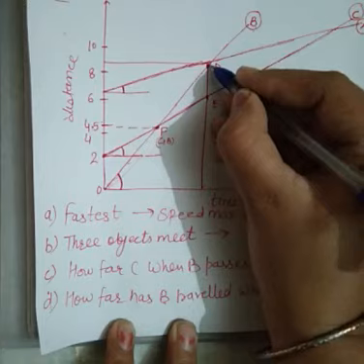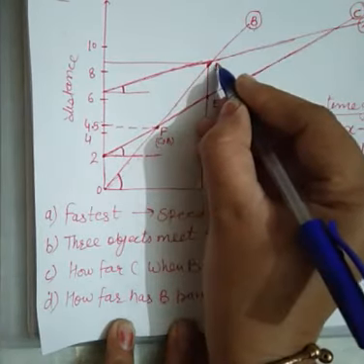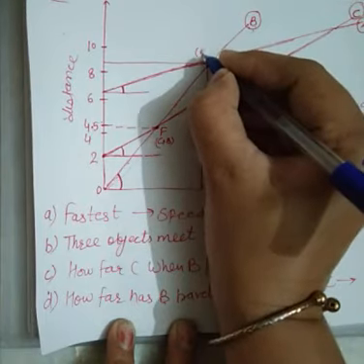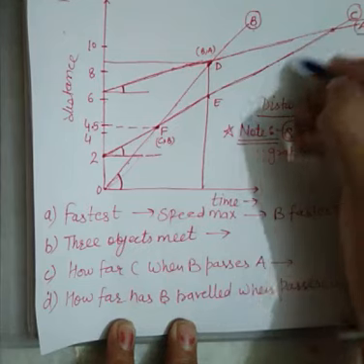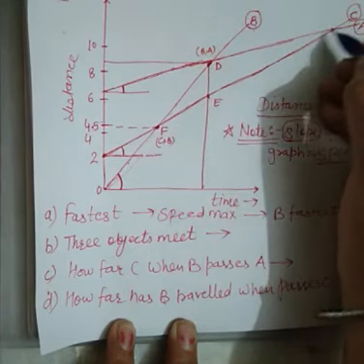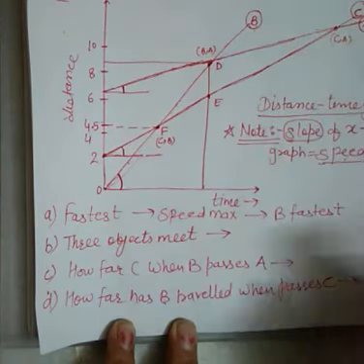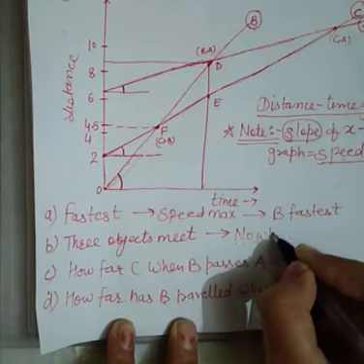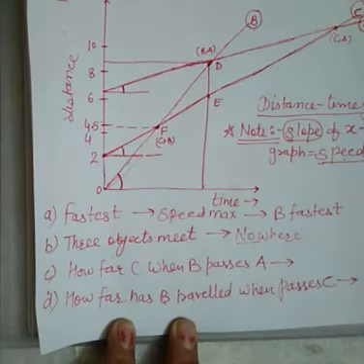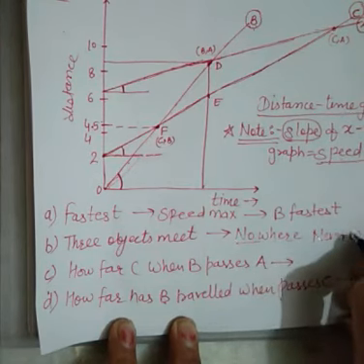And at this point, B and this one is A. B and A are intersecting here. Okay. And at this point, this one is C, this one is A. C and A are intersecting. So there is no one point where these 3 graphs intersect, so they never meet. So the result will be they never meet anywhere.